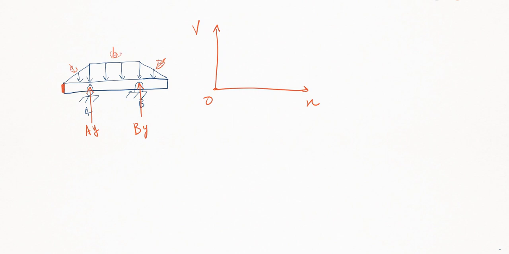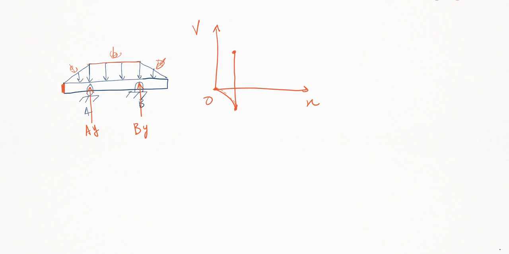So first, the distributed force is negative, and the value is increasing. So it's going to be like this. Notice how the slope is getting more and more negative. And then over here we have a reaction AY, it's going to go up to here. And then we have a constant same value, -2.